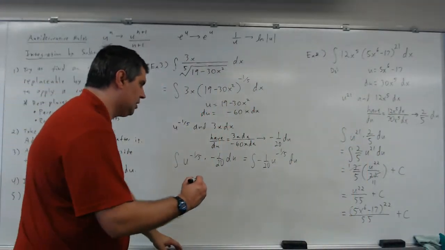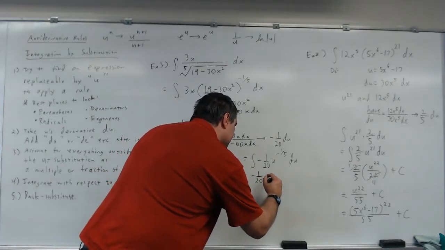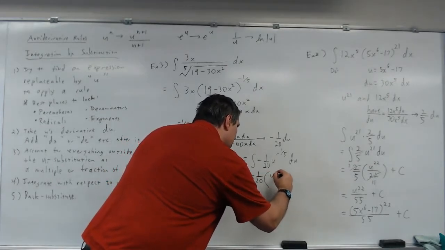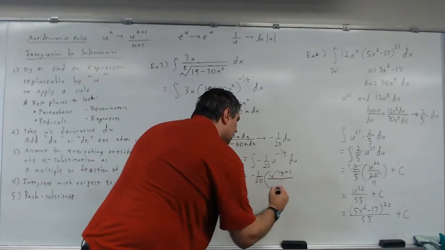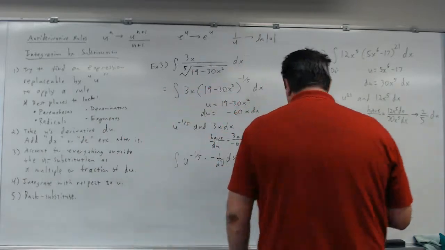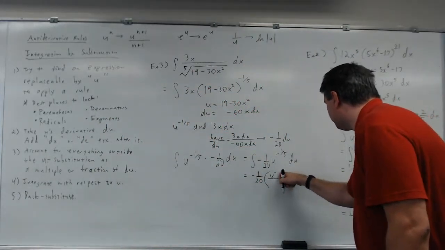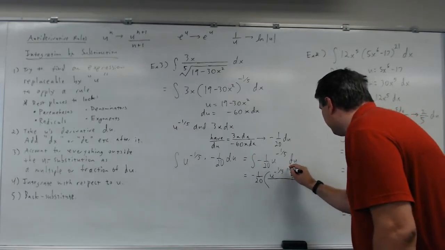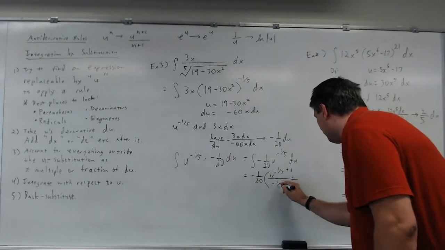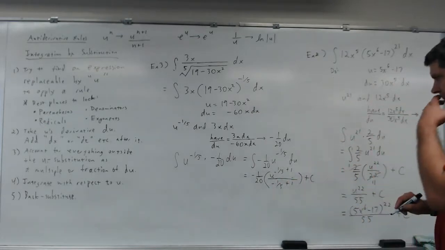So this is going to be negative 1/20 times u to the negative 1/5 plus 1 over negative 1/5 plus 1, and then plus c.